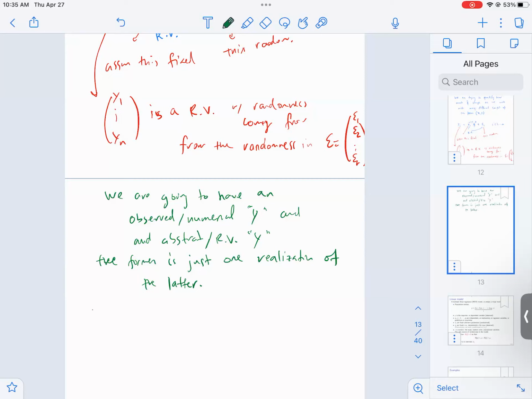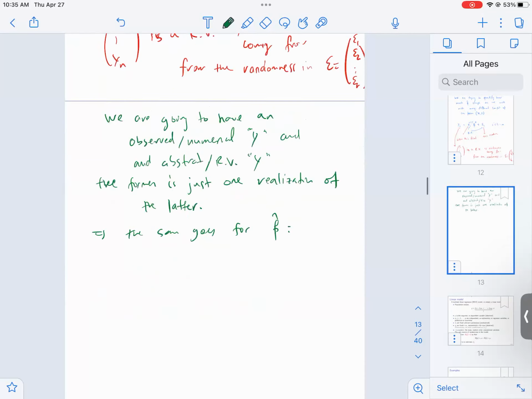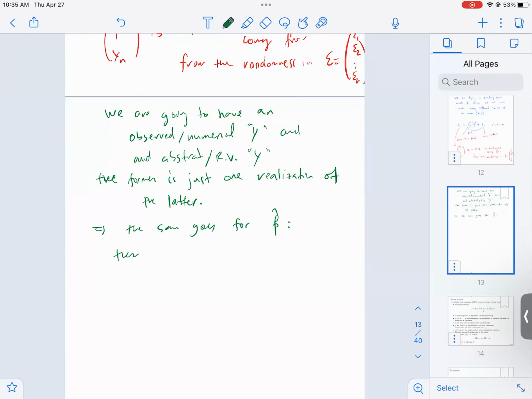The same goes for beta hat. There is a numerical beta hat, say like minus 0.1, 0.05, 0.25, and an abstract random variable beta hat.